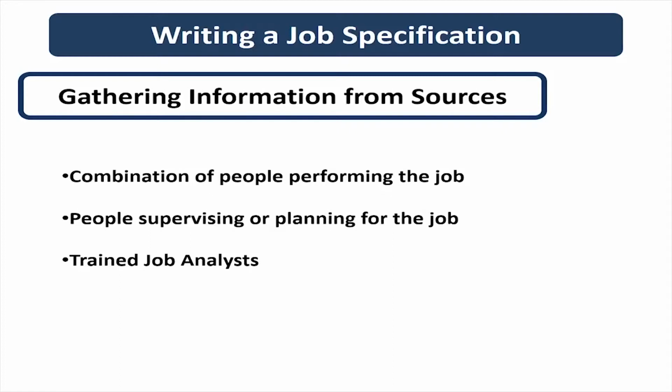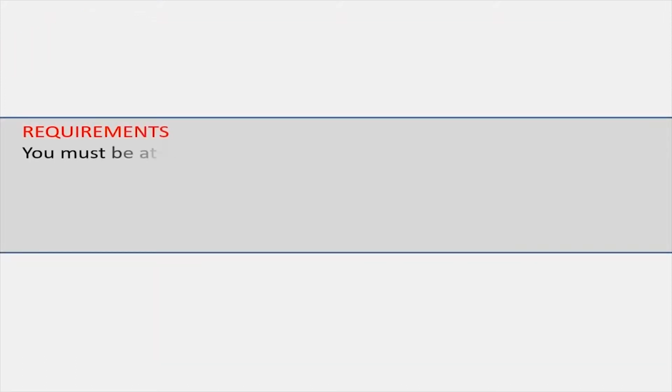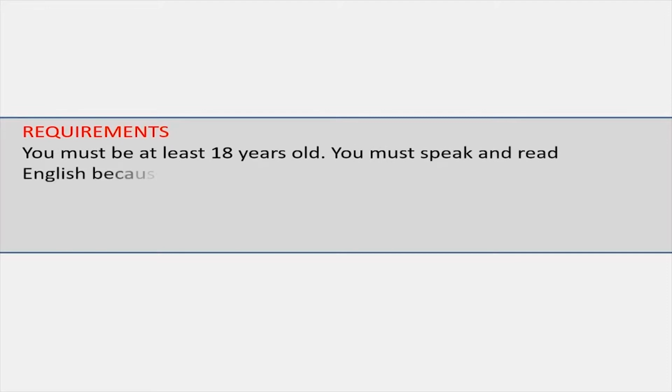Now, to understand this better, let us take a sample from the Union Pacific website, which earlier we used to understand job description. Now, let us take the similar sample to understand job specification. Firstly, it lists the requirements. It says you must be at least 18 years old.